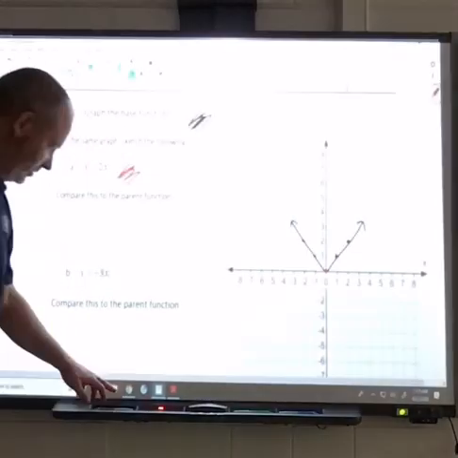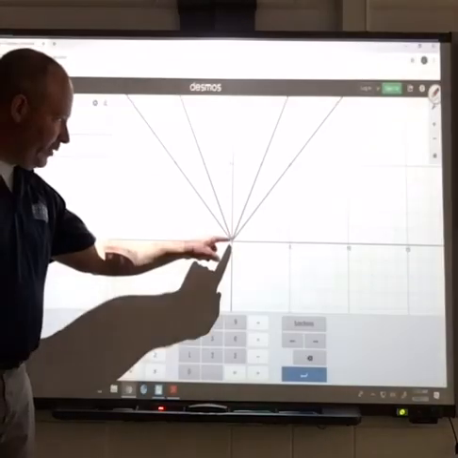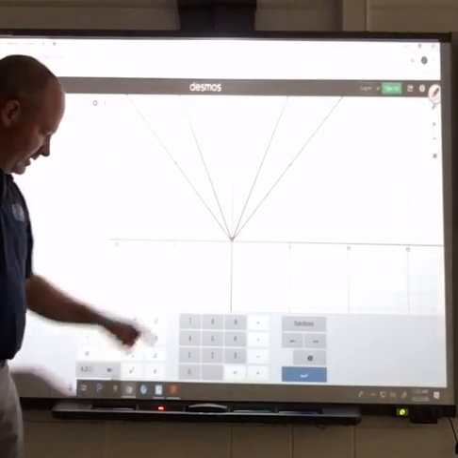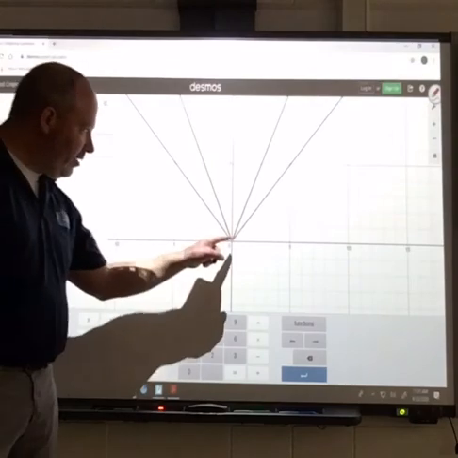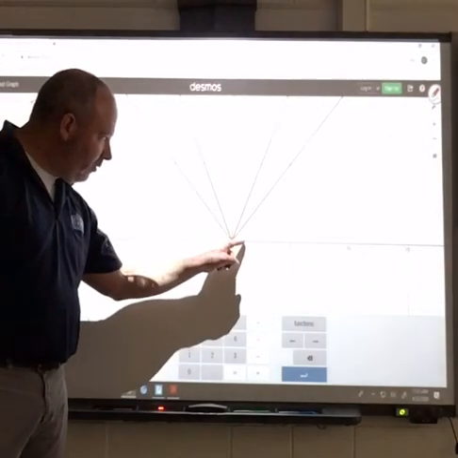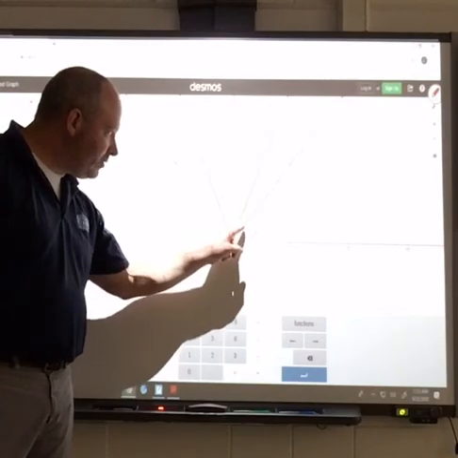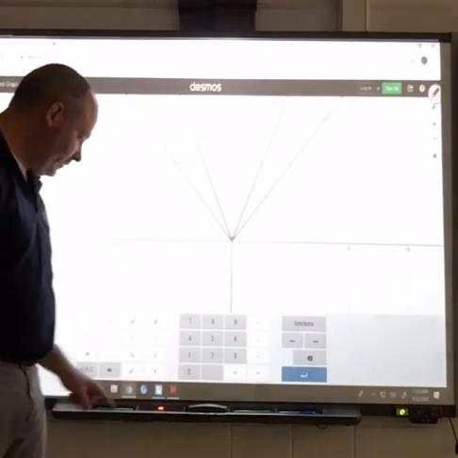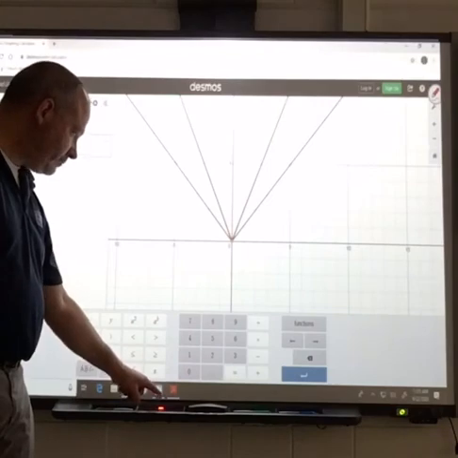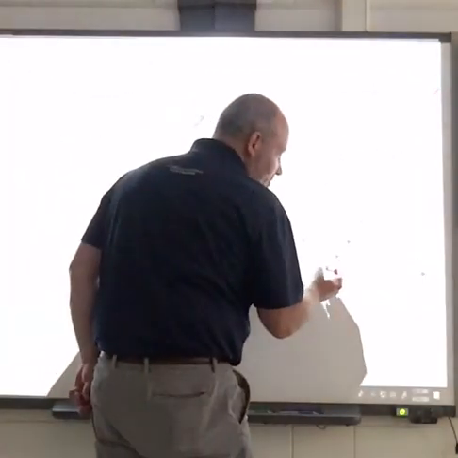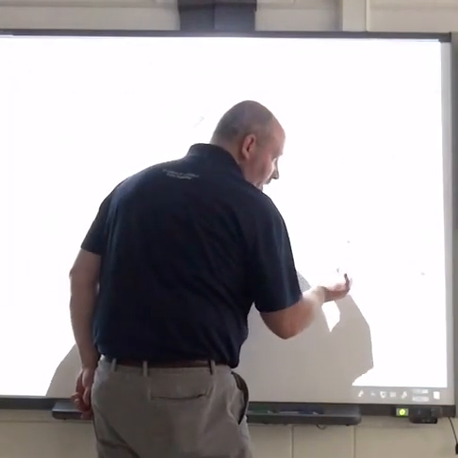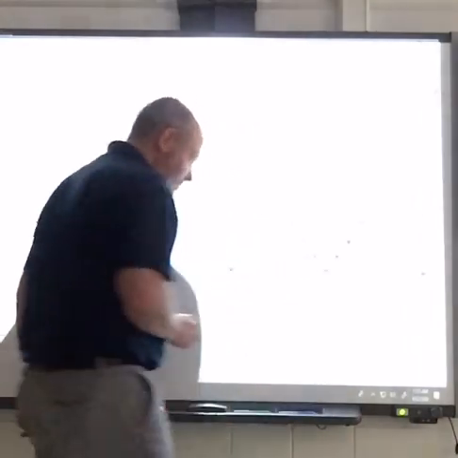That point's the same, the red and the black. It's the same point. But then you'll notice that for the black line, I go over 1 and up 1. See, I'm at 1, 1. But here it's at 1, 2. So this point is twice as high. Twice meaning 2 times as high. So this is normally 1 space, now it's 2 spaces.